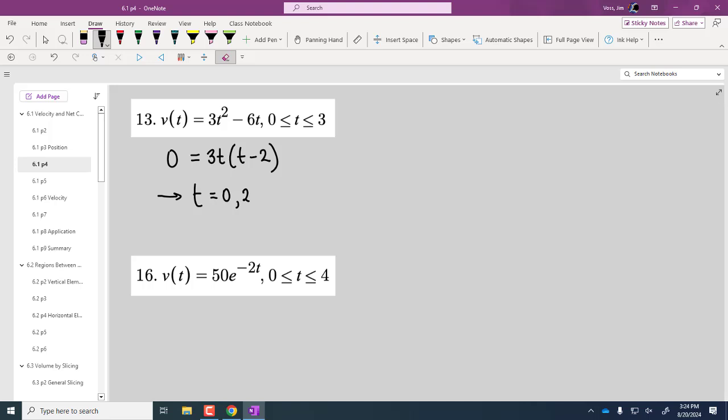Okay, so we don't have to be super crazy about this graph. We just want to get a sense of what it looks like. So we've just said that the zeros are at 0 and 2. The vertex is at 1. We can plug it in and get the exact value. Plug in a 1 there, we get 3 minus 6, negative 3. We don't have to be super specific, though.